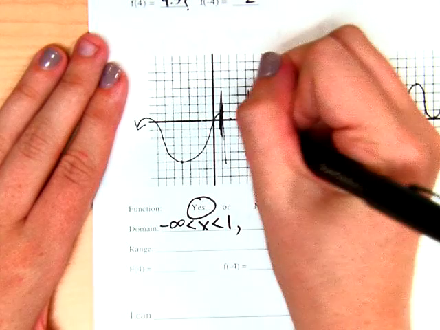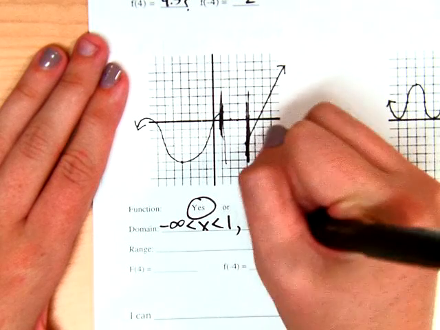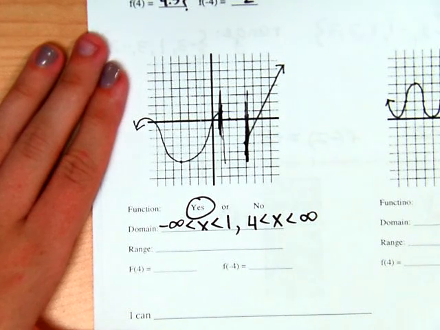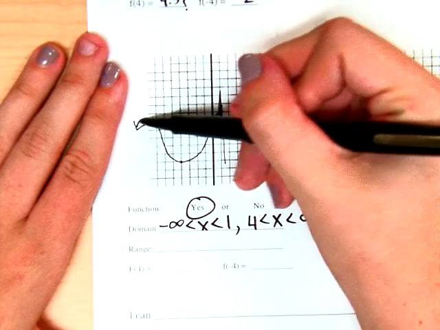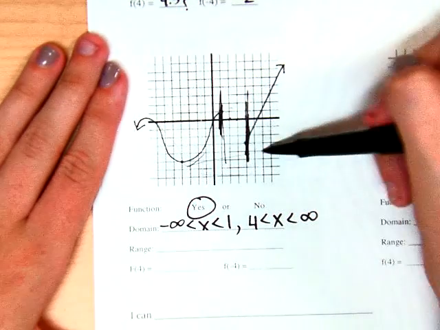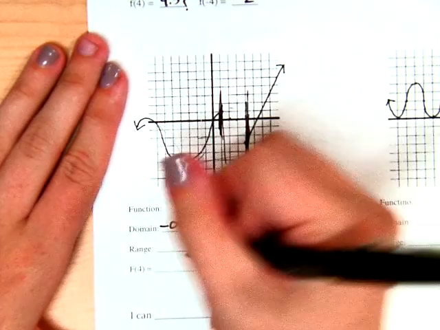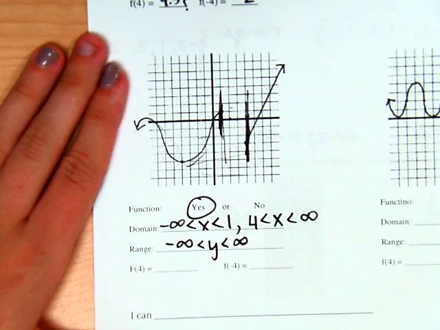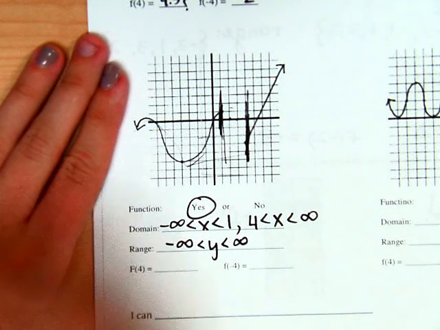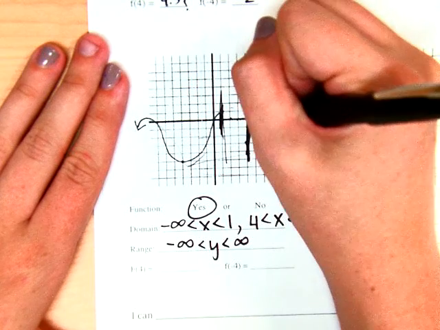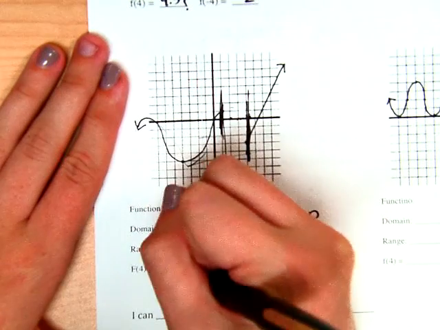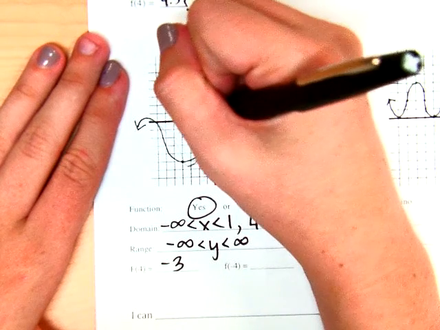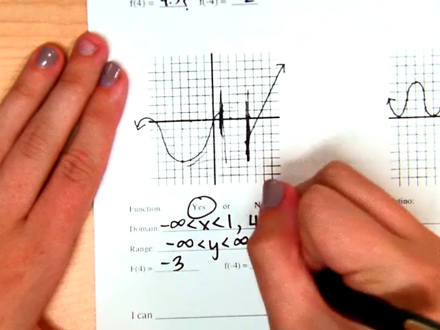Then we pick back up at 2, 3, 4, and go on to infinity again. Range values, looks like there isn't a gap where my y values can be, so I got negative infinity to positive infinity. F of 4, I'm down here at negative 3. Negative 4, I'm at negative 5.